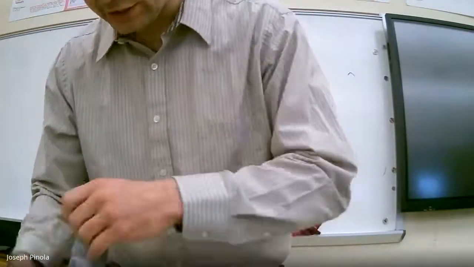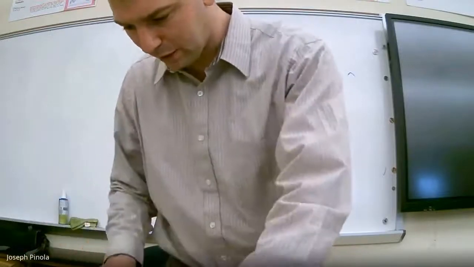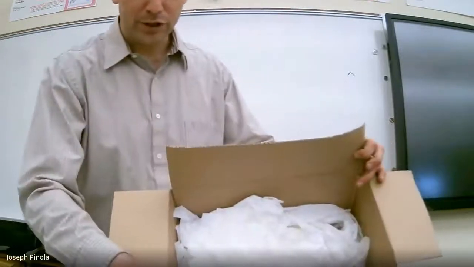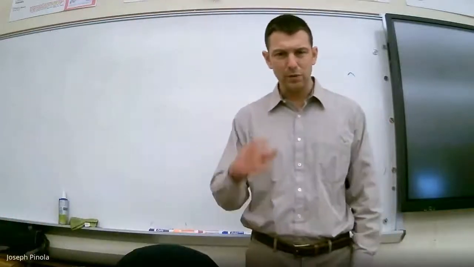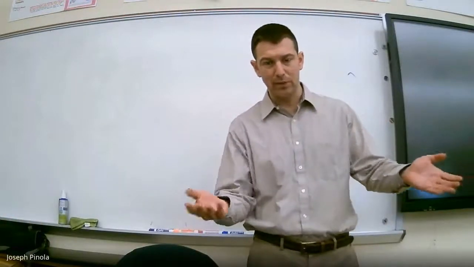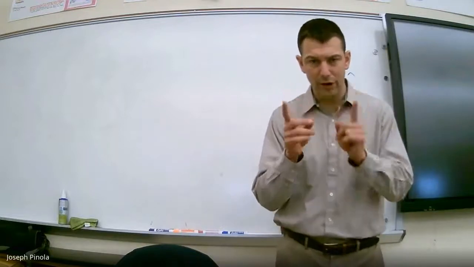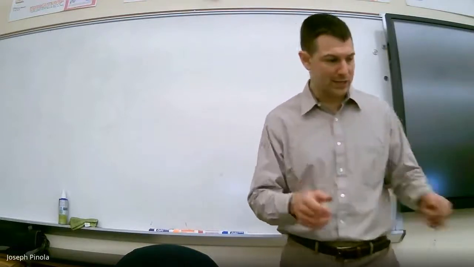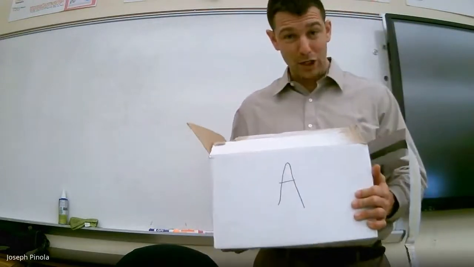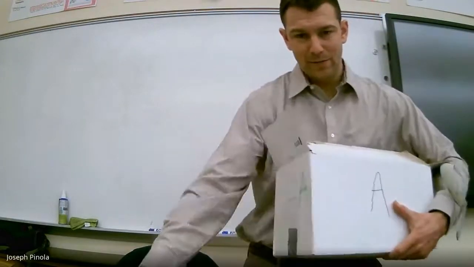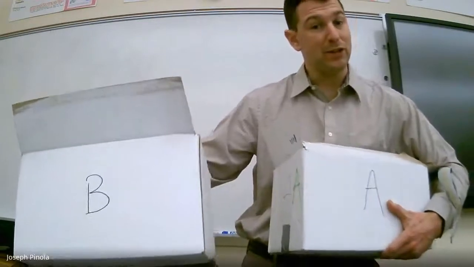But then what's inside box B? Well, I still filled box B with something as well, but I filled it with a bunch of tissues. So even though the boxes had the same volume, their masses were very, very different. Box A, the one with all the bricks, had a much bigger mass than box B, the one with all the tissues.